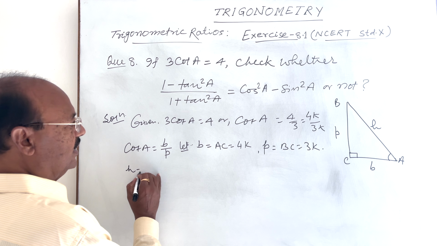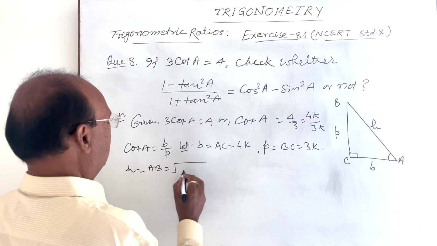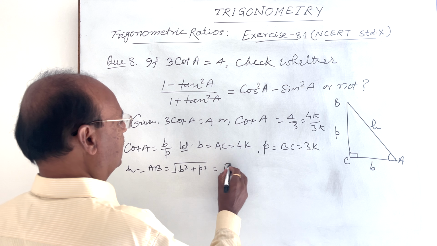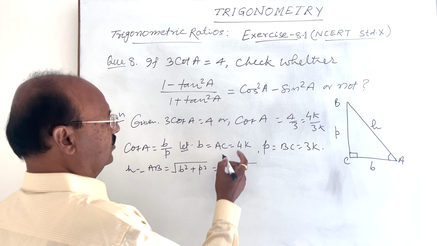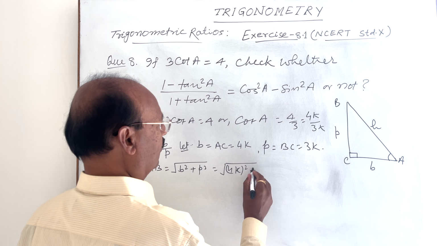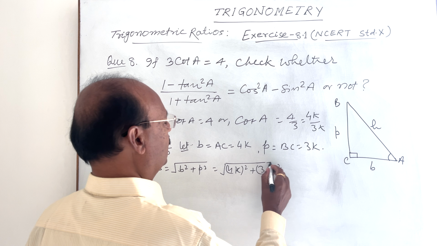H means here AB. So by Pythagoras theorem, this can be written as root over B square plus P square. B square means 4K whole square plus P square is 3K whole square.